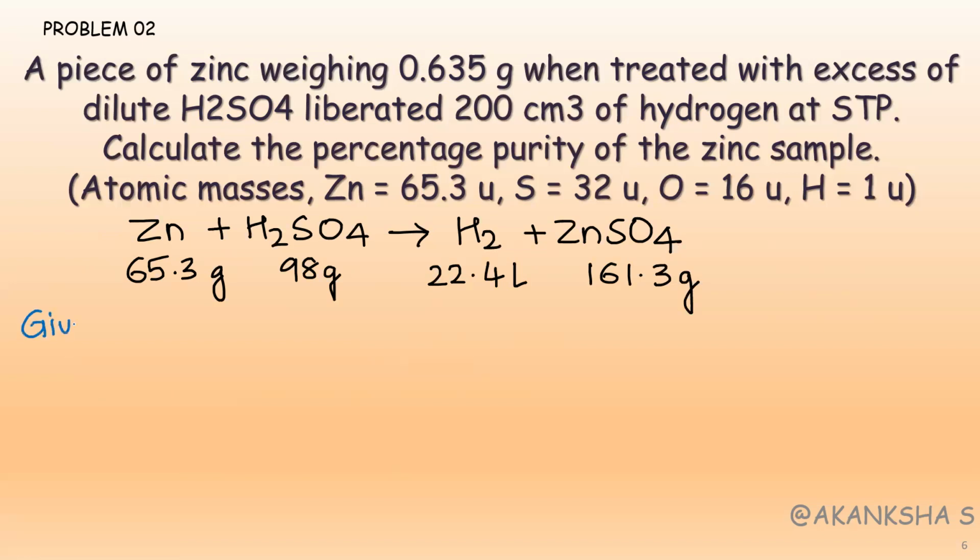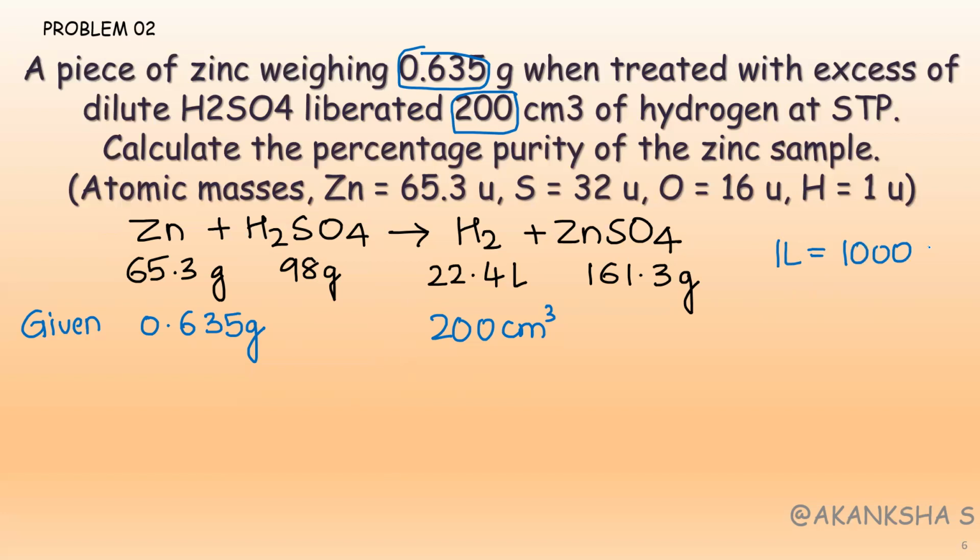They have given us two things: the weight of zinc, and the volume of hydrogen. Weight of zinc has been given as 0.635 gram. Volume of hydrogen has been given as 200 centimeter cube. Now let me tell you one thing: 1 liter equals 1000 centimeter cube.